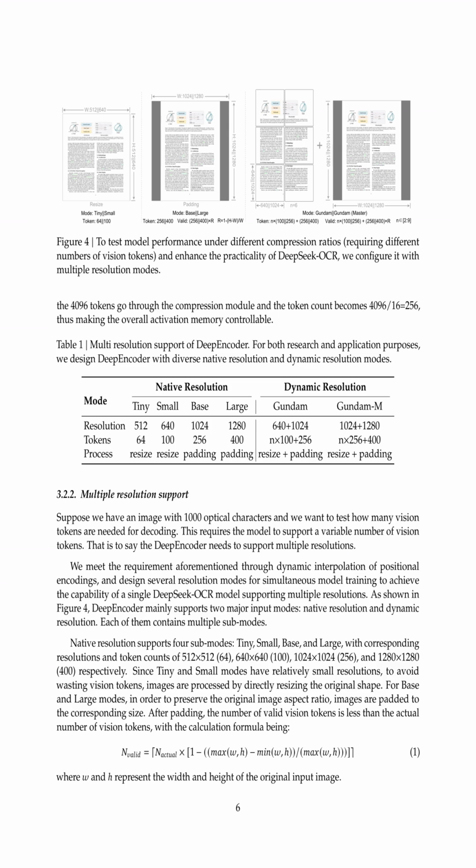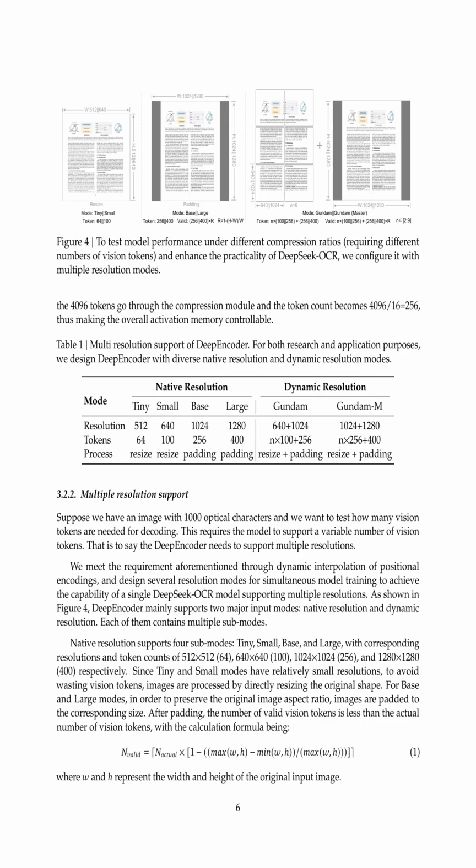Since tiny and small modes have relatively small resolutions, to avoid wasting vision tokens, images are processed by directly resizing the original shape. For base and large modes, in order to preserve the original aspect ratio, images are padded to the corresponding size.